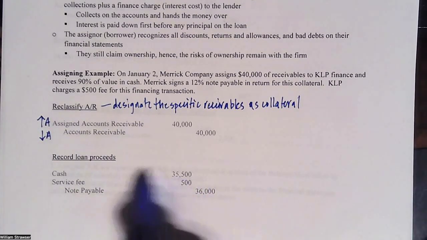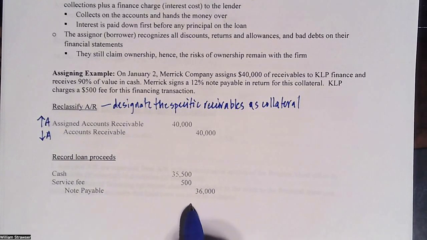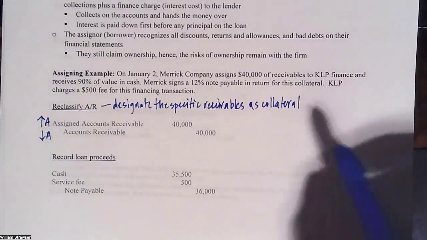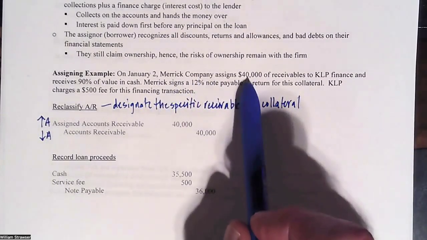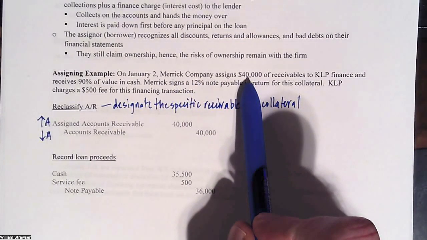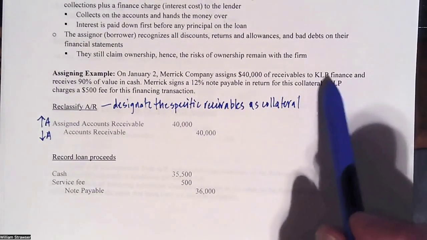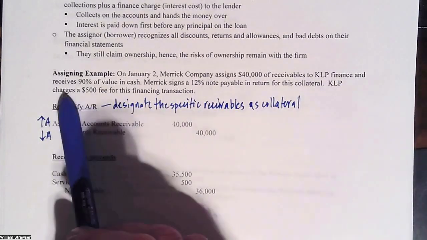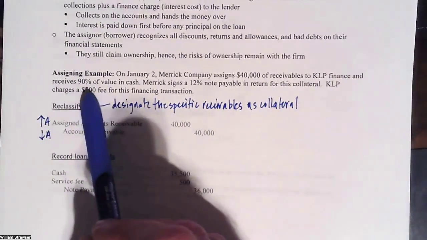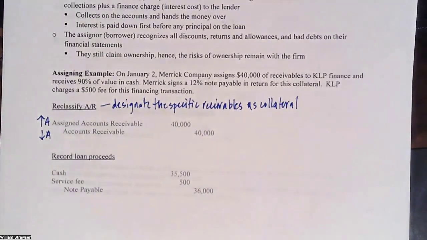Now, we will record the loan proceeds from this assignment. Notice that, right? We assigned $40,000 of receivables, but KLP Finance is only going to extend 90% of the receivables value in cash to my company.